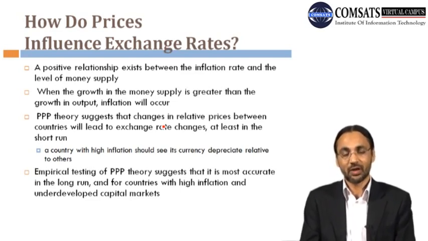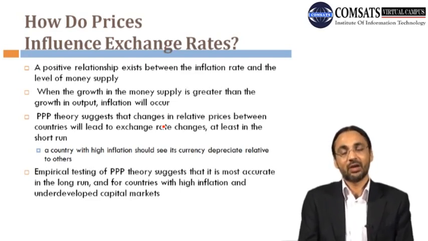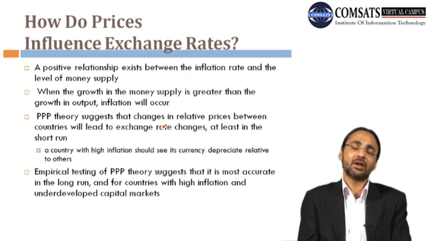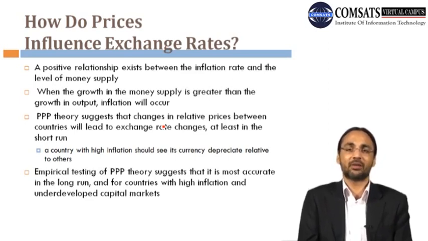Start with the second point. The second point says that when the growth of money supply is greater than the growth of output. What does it mean? Imagine a scenario: everybody has notes, everyone has money in their hands, but when they go to the shops, there are no products available at a similar level.